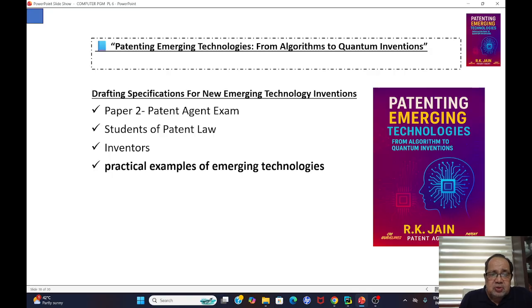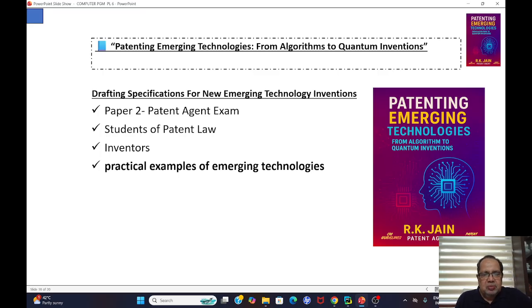This book helps you learn how to draft specifications for inventions based on new emerging technologies. It would be very helpful for the paper 2 patent agent examination, for the primary reason that under the new format of paper 2, it is very likely that new era technology based questions would be there.